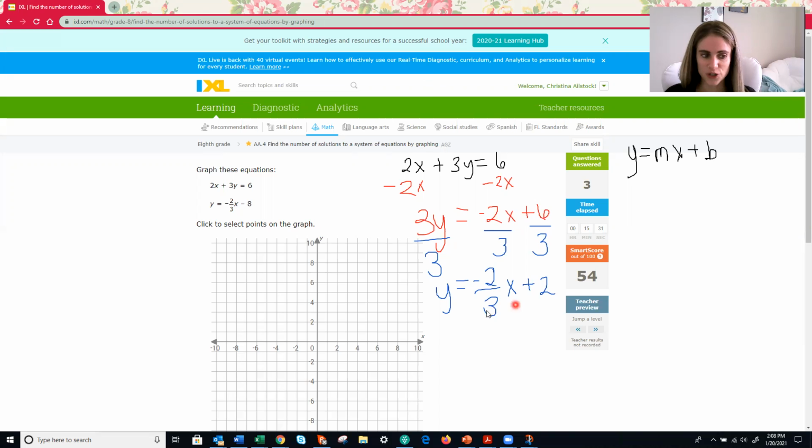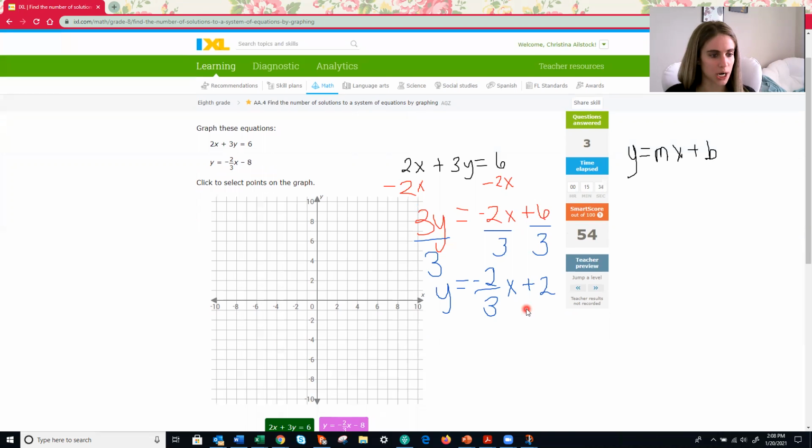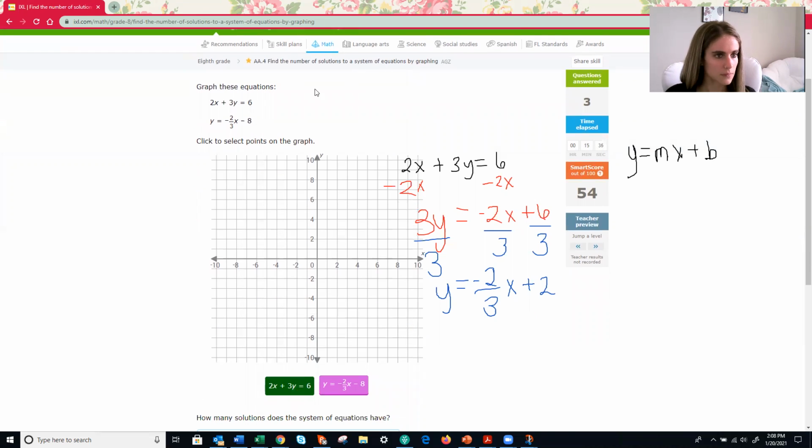All right, this very first one here, I'm just going to graph this on IXL. That's here in green. My y-intercept is 2, and my slope is negative 2/3. So I'm going to go down 2, right 3. There's my line. All right, let's graph our second one, our pink one. This one has a y-intercept of negative 8.